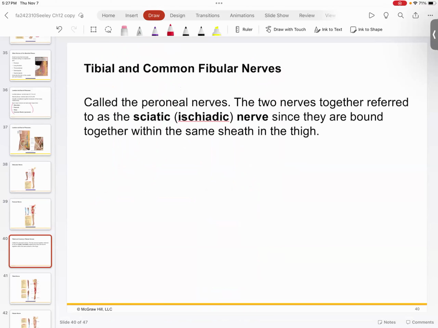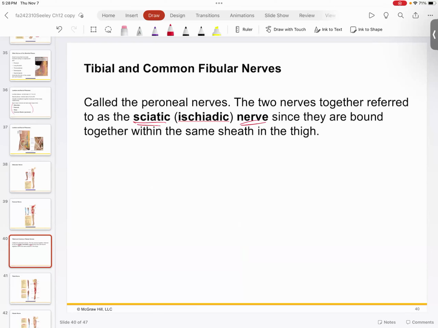So the tibial and the common fibular, the peroneal nerves, these together are typically what we refer to as the sciatic nerve. A lot of times you have probably heard about the sciatic nerve. People argue they have sciatica. It's kind of a shooting pain that goes down the leg itself, and it creates problems. It can be painful.